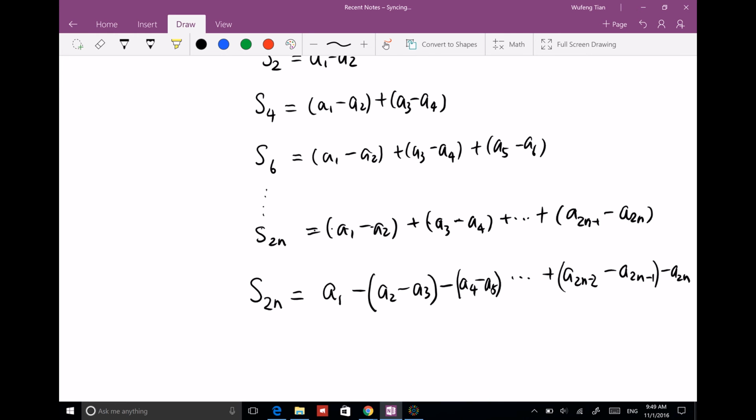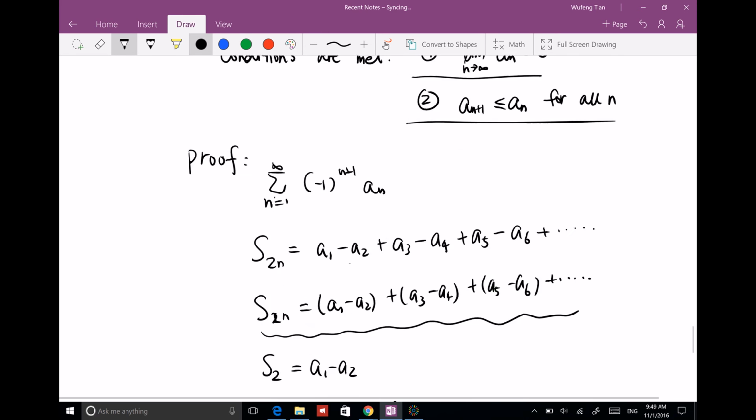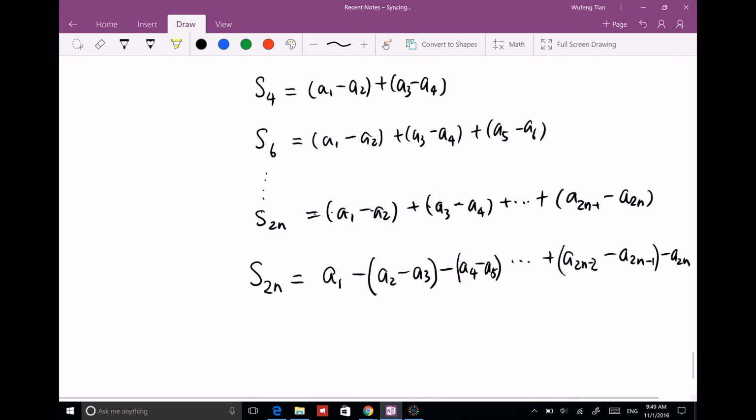My question is, from the second condition, a_(n+1) is less than or equal to a_n. So my question is, is a2 minus a3 positive or negative? a_n is bigger than or equal to a_(n+1).